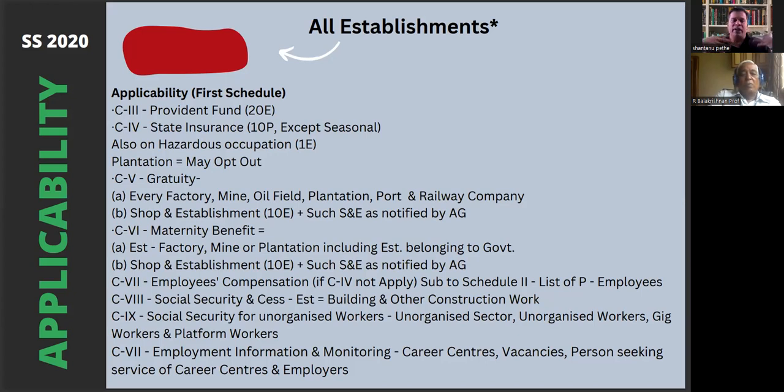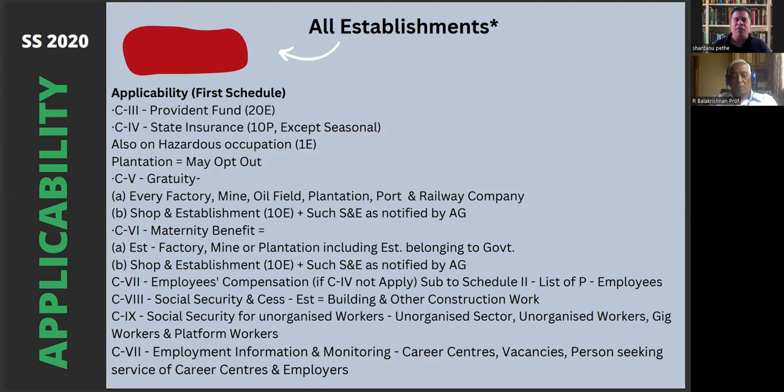So if there is any shop and establishment where 10 employees are there, gratuity will be applicable. But remember that the central or appropriate government may notify certain shops with fewer than 10 employees, and the gratuity provision may be made applicable to such small shops also. It depends on the appropriate government.